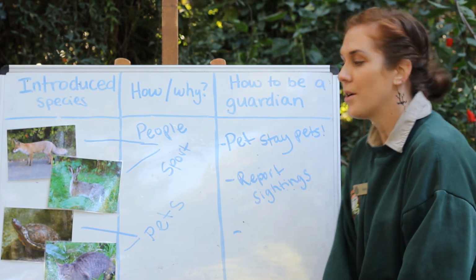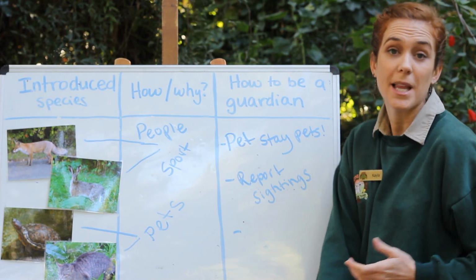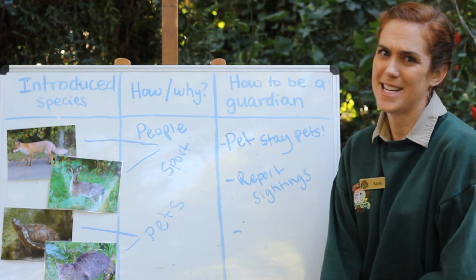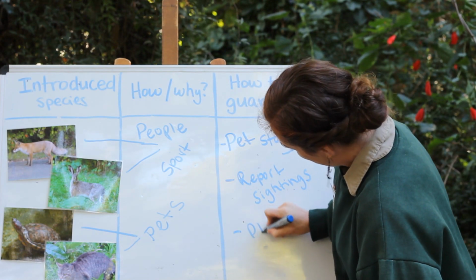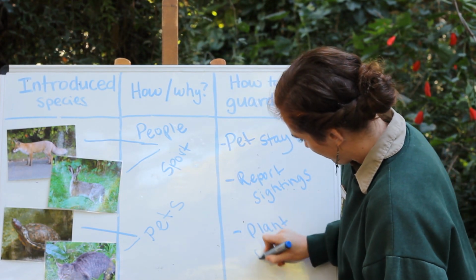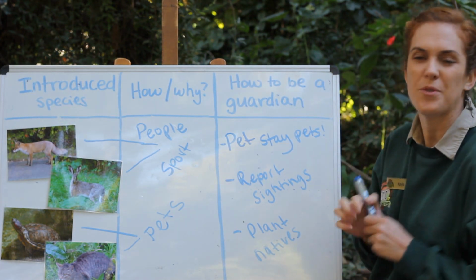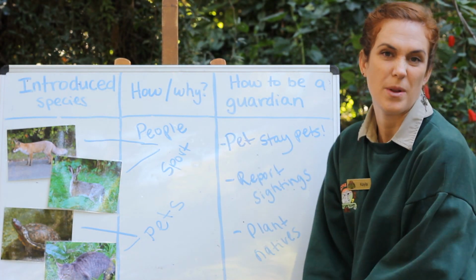So try to stick to planting native things in your garden. And if you are planting something around the house that's maybe not native, just make sure that it doesn't get out of hand. So plant natives, and then remove or manage weeds to make sure that they don't get out of control and spread.